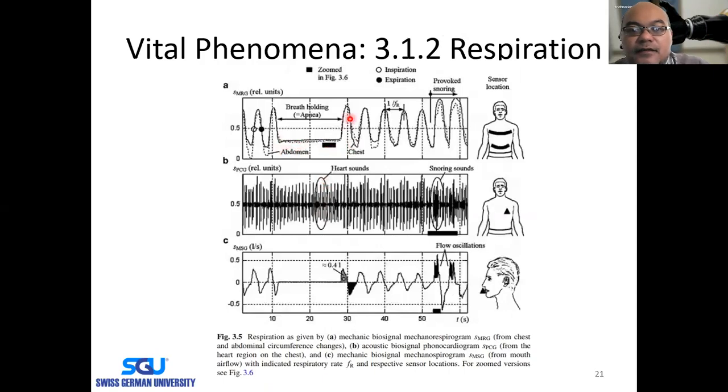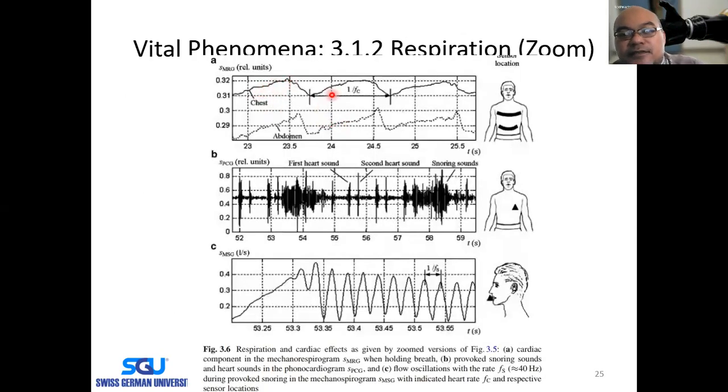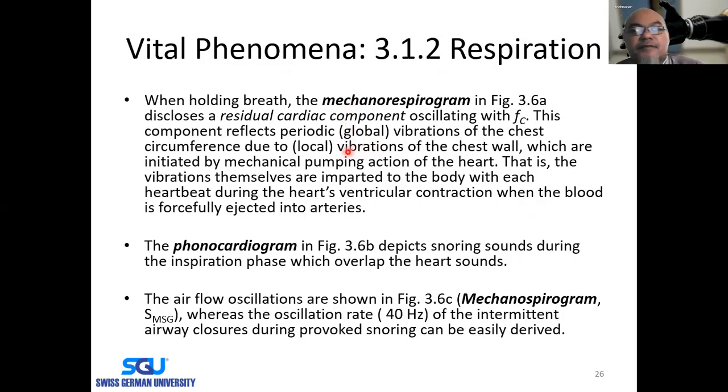In this zoomed-out picture we only see a flat line, but when we zoom in, this is what we see. There is actually some variation due to the heart beating. So the distance between these two valleys indicates the heart rate, the heart period.